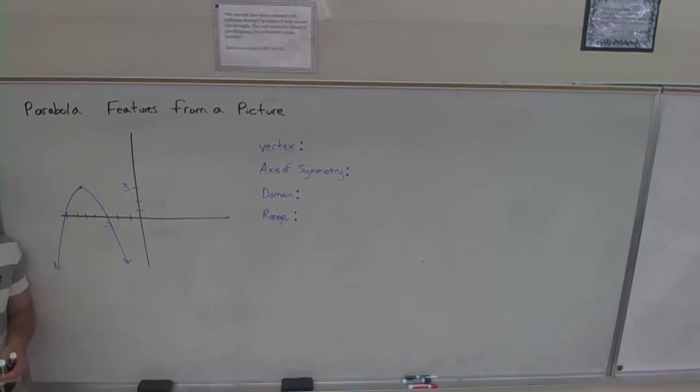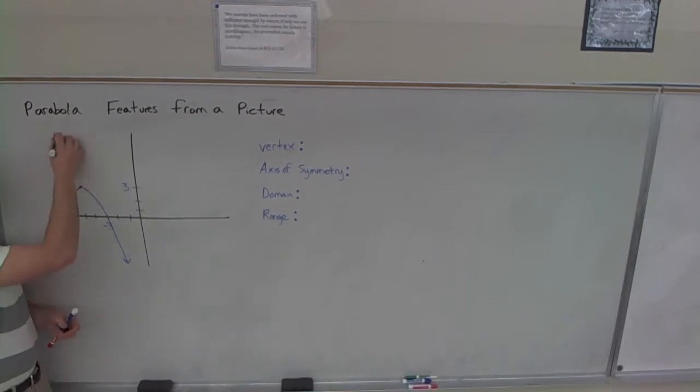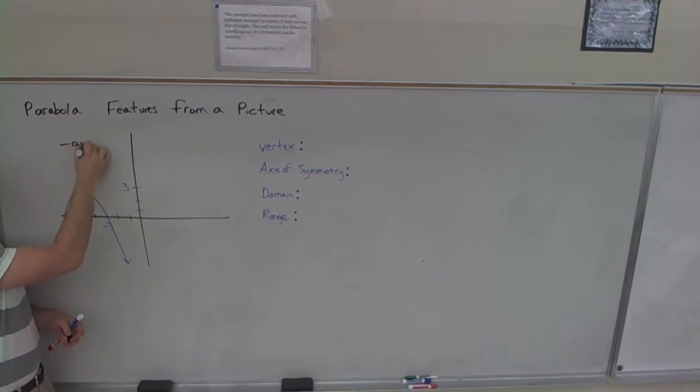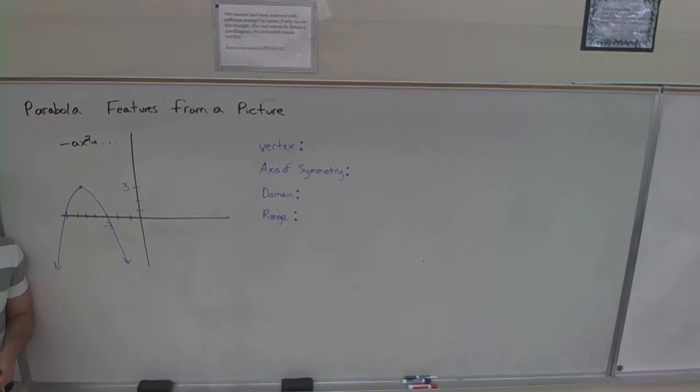So this parabola is opening down, so we would already know in the algebra we'd have something like negative ax squared plus ... right? So it's opening down. We'd have some number negative there. This guy is the vertex. The vertex is either the top of the arch or the bottom of the trough.